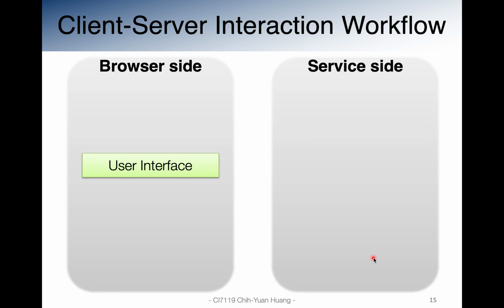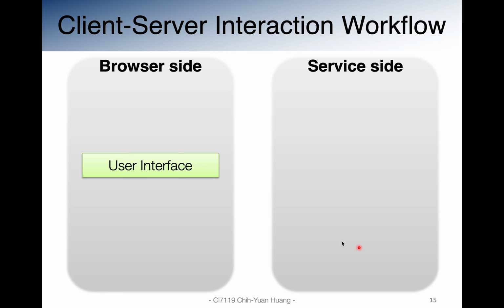the whole process down to the actions level. What actions does the browser side need to do, and what are the tasks or actions that the service side needs to take so that the client and server can exchange information?